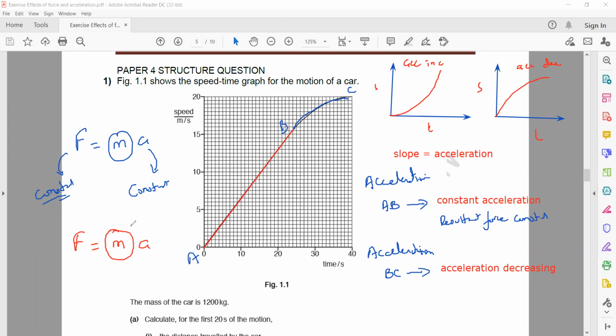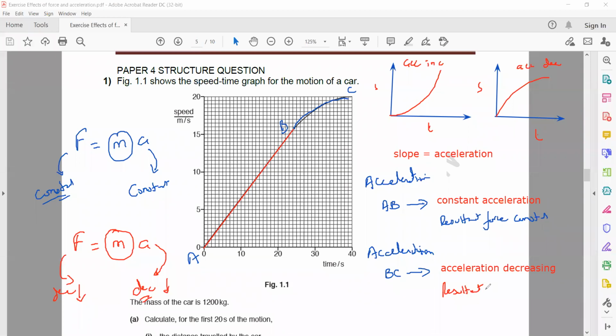The mass of an object most of the time does not change, unless, for example, there's fuel inside the car, then the mass will change, but more or less the mass will remain constant. So what happens to the resultant force if the acceleration is decreasing? The resultant force will also decrease.